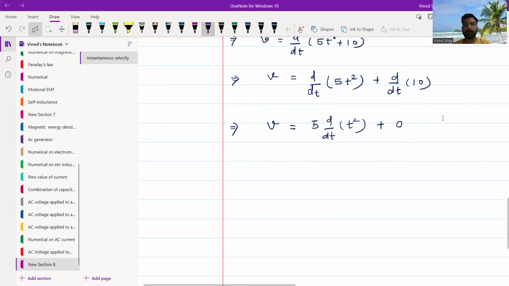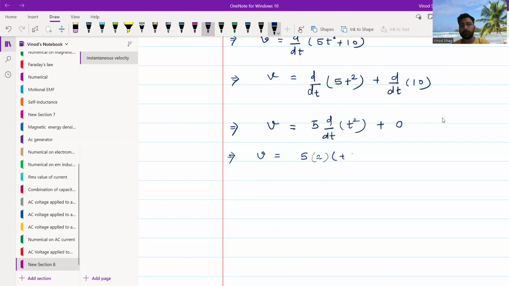Now the next step will be v equals 5 into, since here the power of time t is 2, 2 will come before the variable, and now the power of the variable will become 2 minus 1, that will be 1.